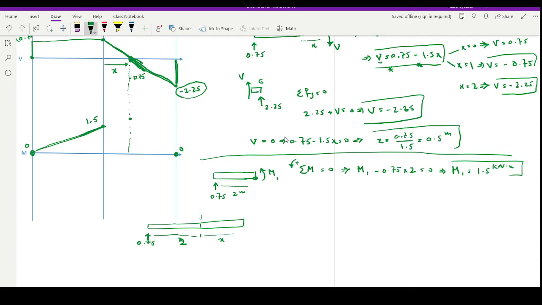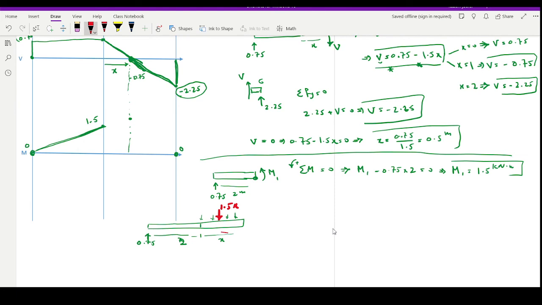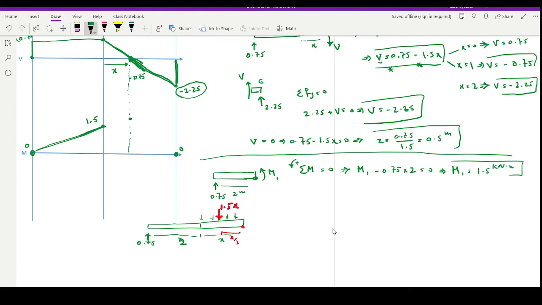Again, I have a distributed force which is going to be 1.5x in here, and that's going to act x half far from this point, because it's in the middle. Because the distance is, instead of 2, the distance is x, and because it's rectangular, it's going to be in the middle, which is x half.